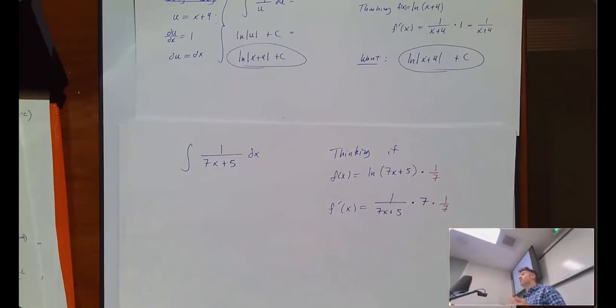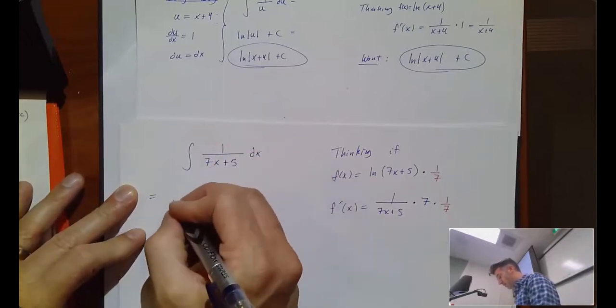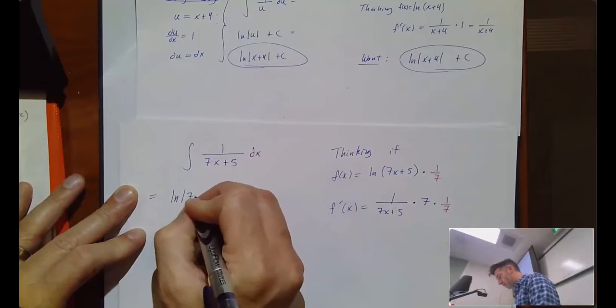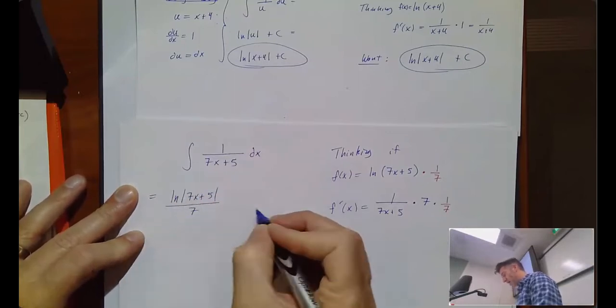So in other words, just like before last class, when you have a multiple of x and you want to anti-differentiate, we typically end up dividing by that coefficient of x. So here, the antiderivative of 1 over some stuff is the natural log of the absolute value of that stuff divided by the coefficient of x.